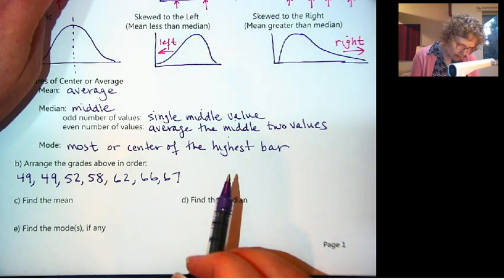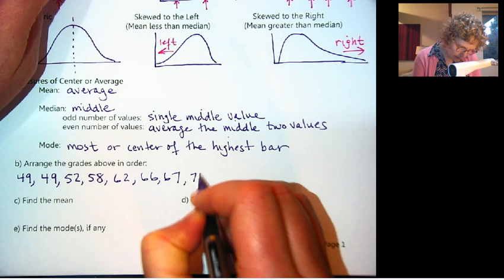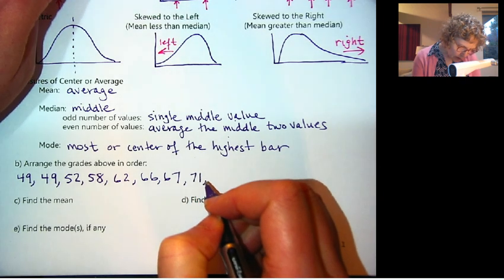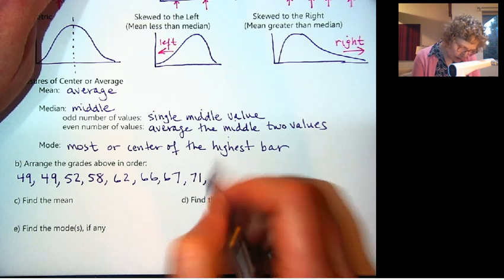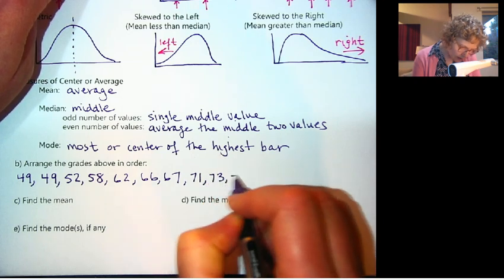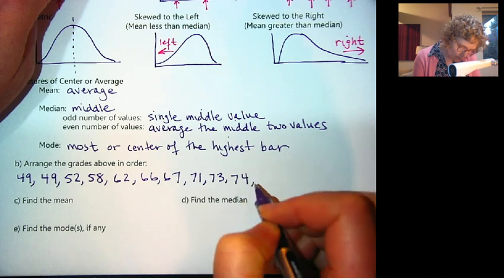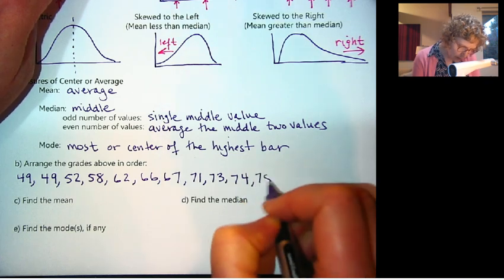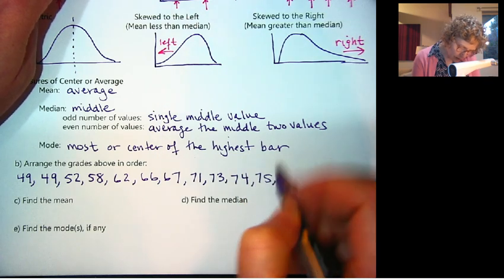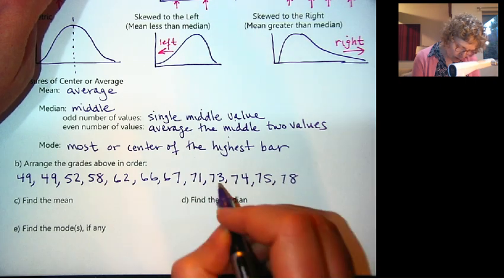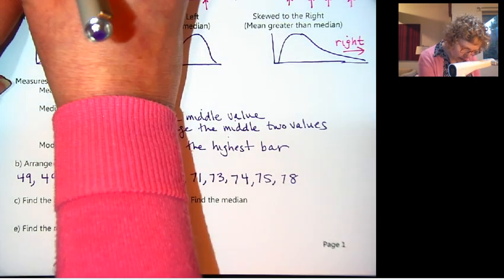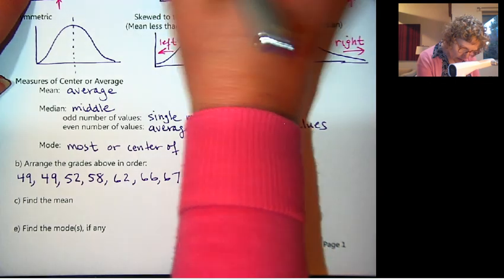So looks like 71 is next. 71, 73, 74, 75, 78. 1, 2, 3, 4, 5. That's our 5 70s.